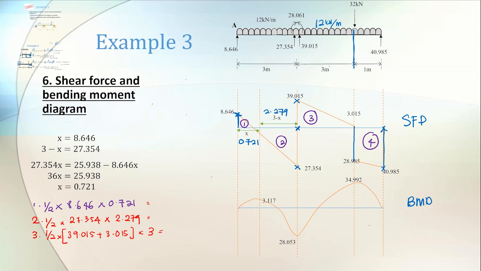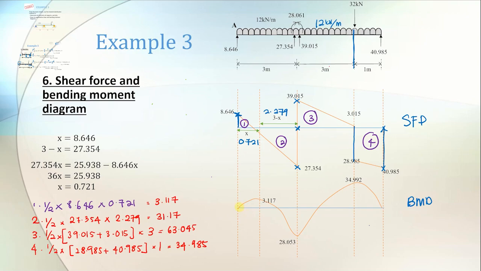And number 4 is the same, this is a trapezium, 1/2 times 28.985 plus 40.985 times 1. Calculate the total, this is my answer, so I have calculated all the areas 1, 2, 3, 4.